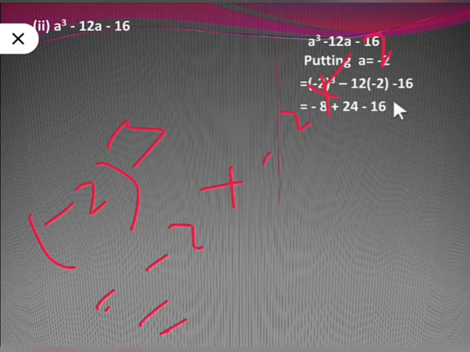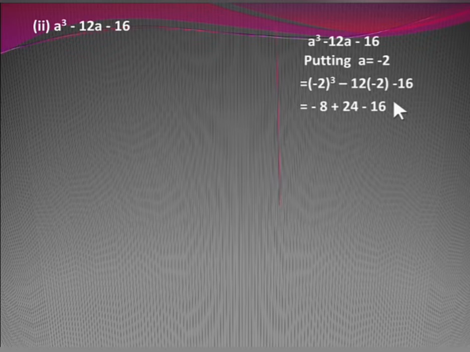So minus into minus is plus, plus into minus is minus, 2 fours are 8. So we get -8.